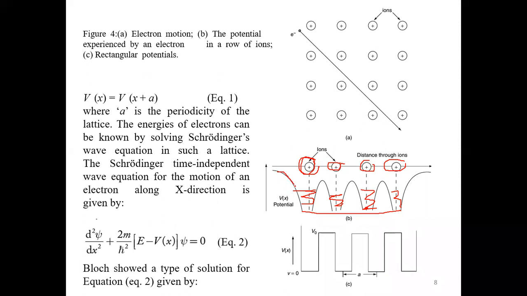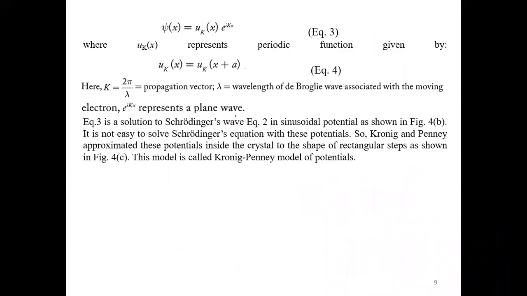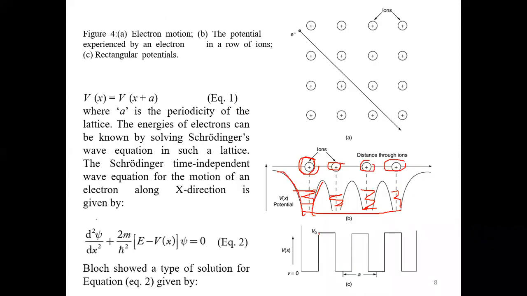This is the electric potential as a function of distance, and to treat this mathematically is difficult. Kronig and Penney, two scientists, proposed a model. According to the Kronig Penney model, they use what is called a square wave potential.